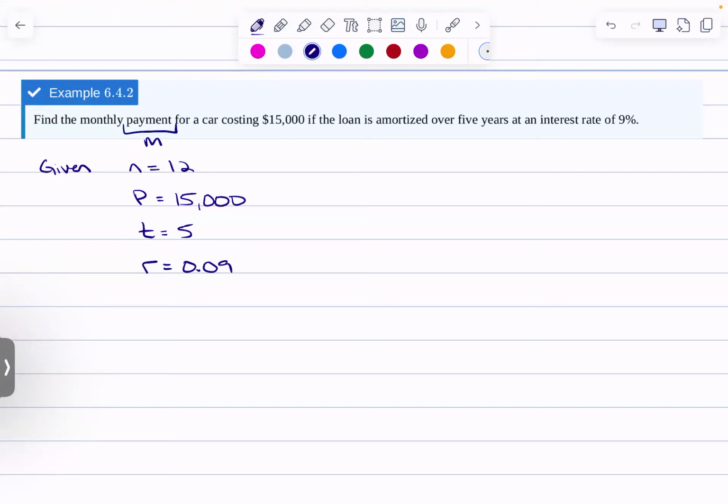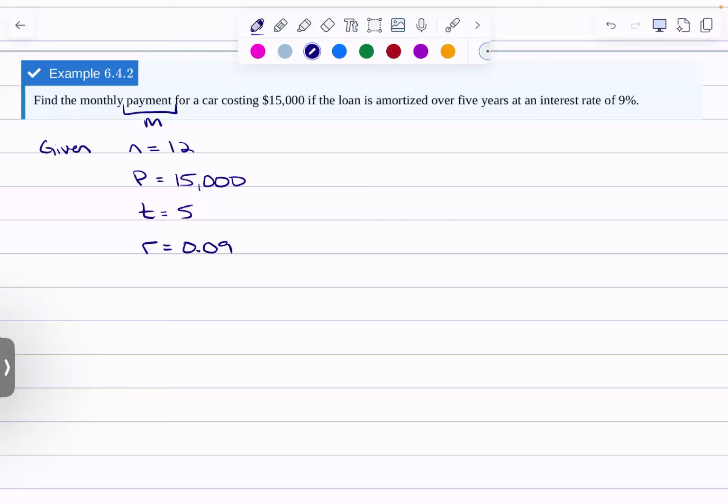I don't know if drawing the timeline is that helpful in this case. Let's get right to it.